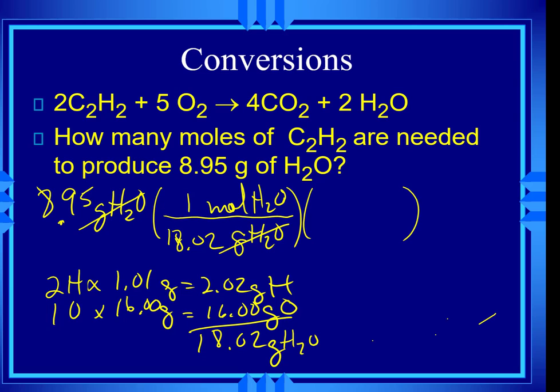Now I want to get rid of moles of water. What can I turn moles of water into? Well, the whole reason to change into moles is so you can change chemicals. So the chemical they asked me about was C2H2.